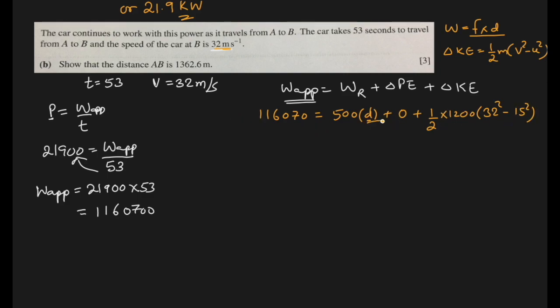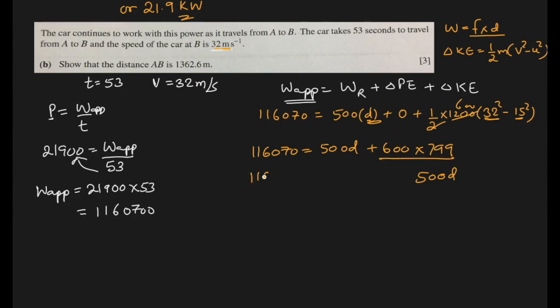Everything is known except for the distance. So 116070 equal to 500 d plus this. 2 multiplies here, 600. 1024 minus 225 will be 799. Oh, sorry, it is not plus, it's multiplying. This 600 will multiply with this, so 799. So let's keep 500d here and bring this whole thing to the right side.